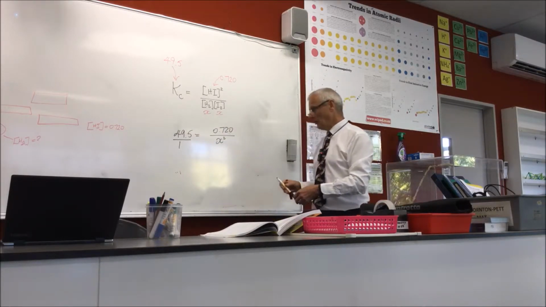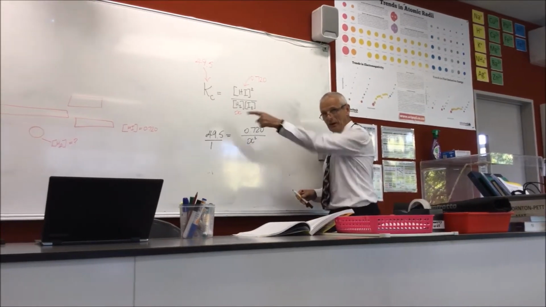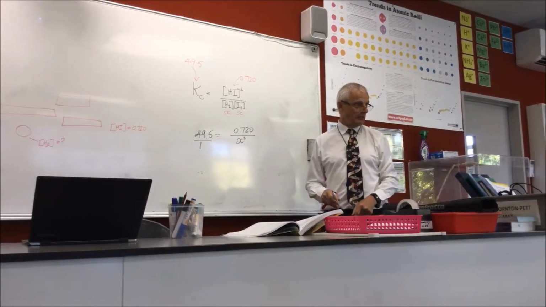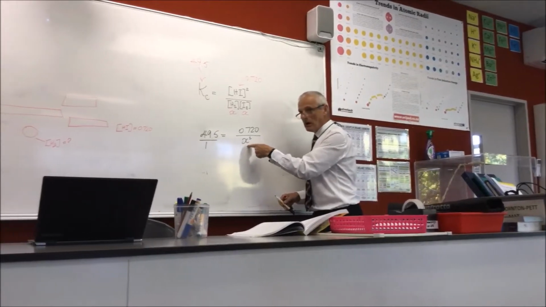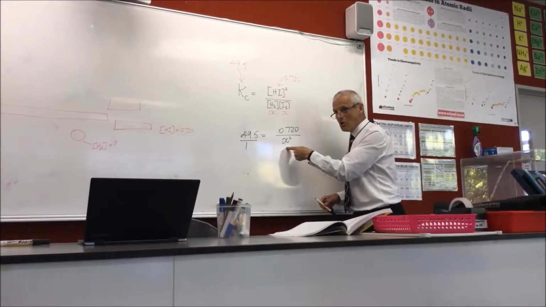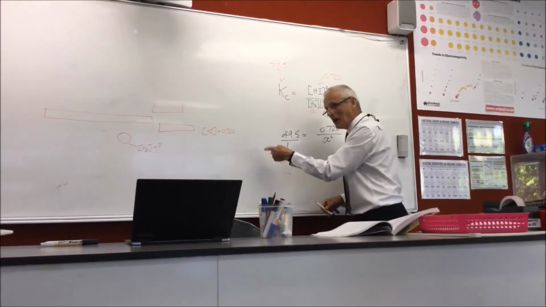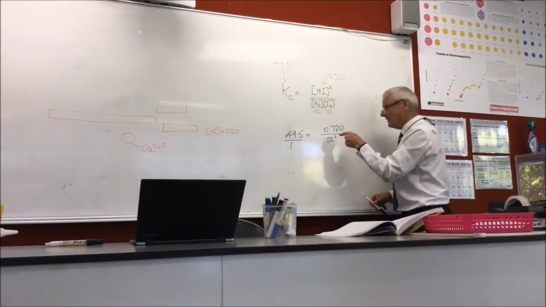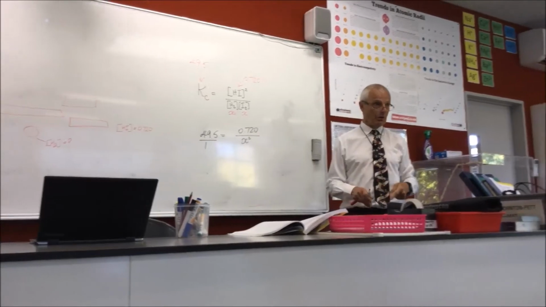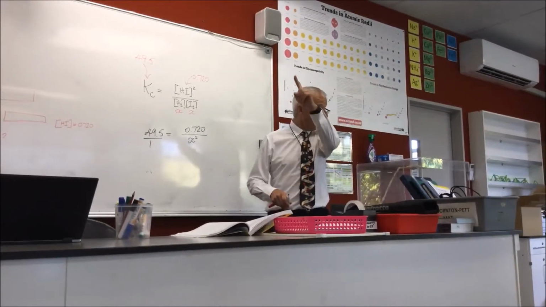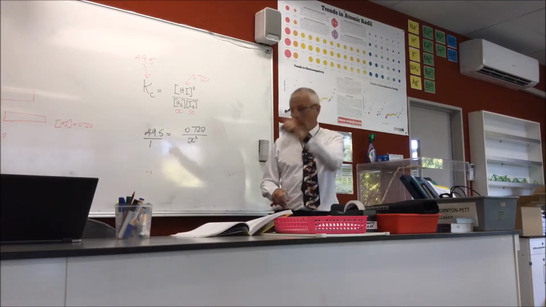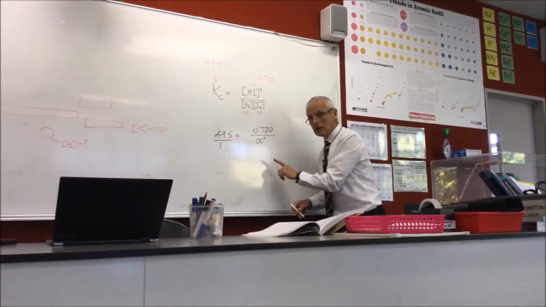Okay? So, I need this to be on that side. Does that make sense? This is the subject of my equation. It's the thing I don't know what it is, so I have to have it on the left-hand side. The subject has to be here. So, it's down, so what do I need to do? I've got to move it up. Yeah? So, anything that's down below the line must be up.